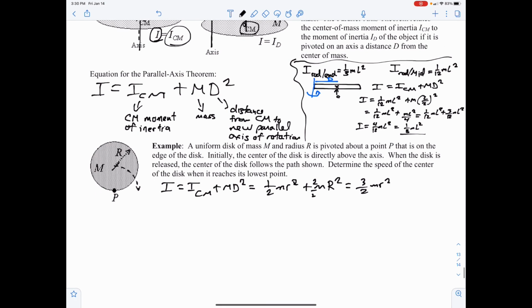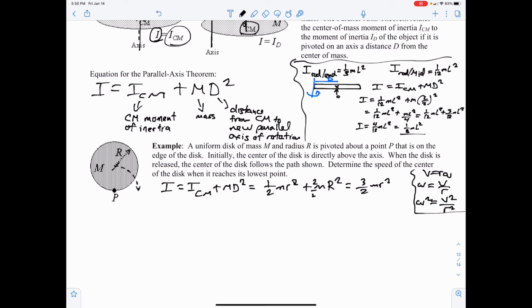Also, recall that v is equal to r omega, so omega is equal to v over r. And if I square the left and right side, omega squared equals v squared over r squared. We'll need this one for substitution at a later time.